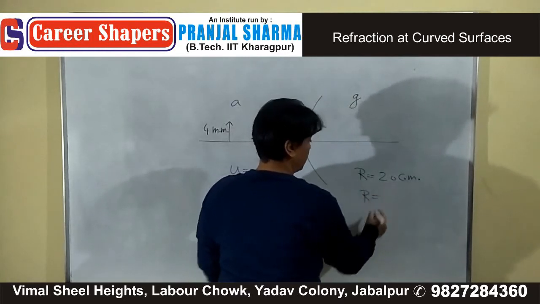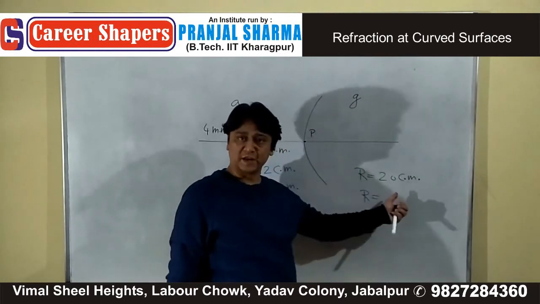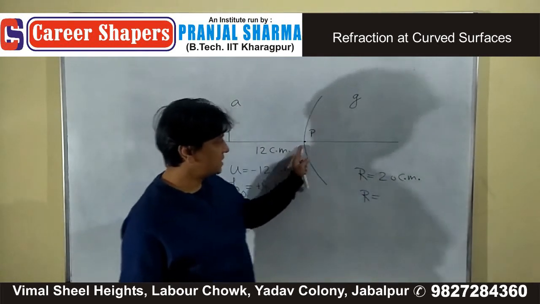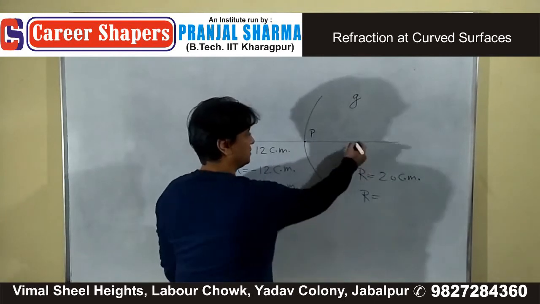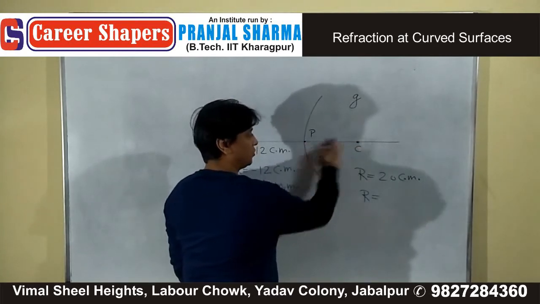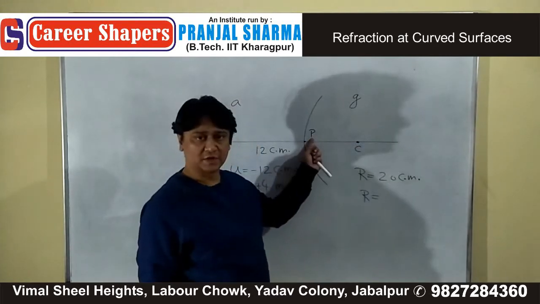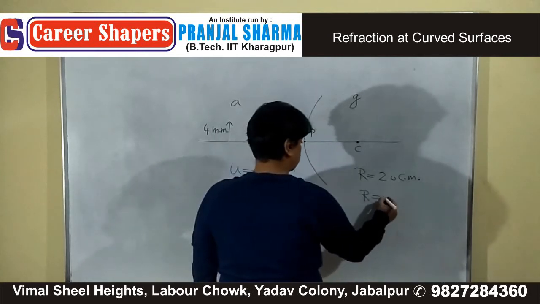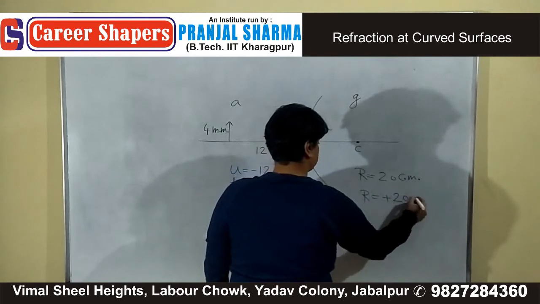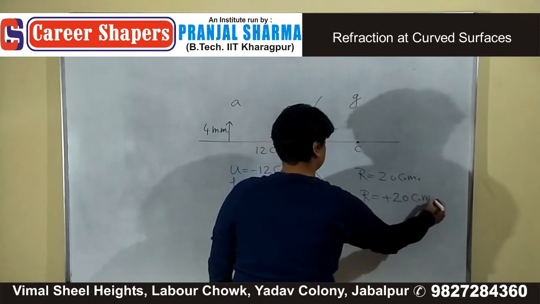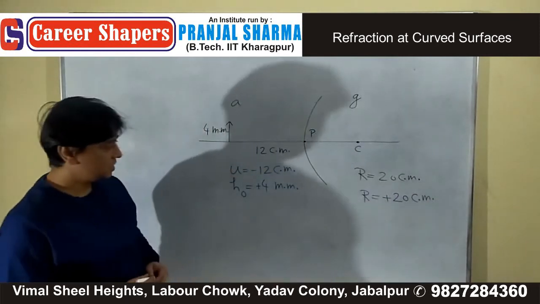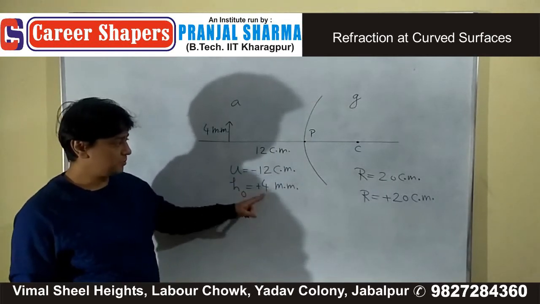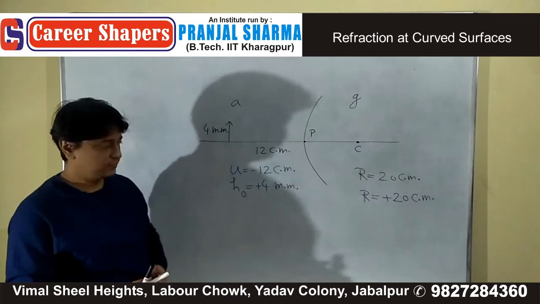They will give you the radius as 20 centimeters. But for this surface, you can see that the center of curvature lies here, on the right side of the optical center, which is considered origin, and therefore R is plus 20 centimeter. These are the things you already know, and you should use them with proper sign like this.